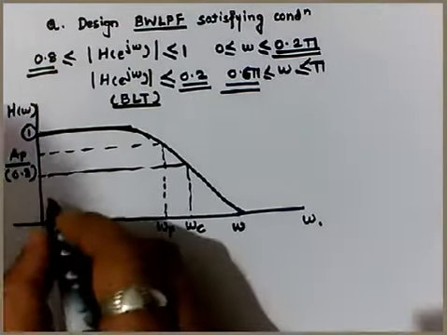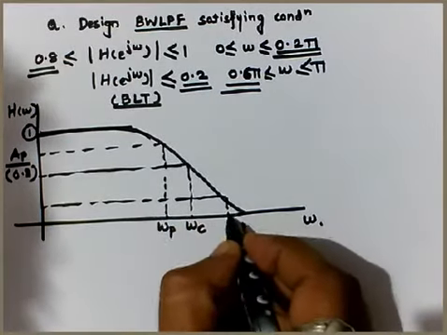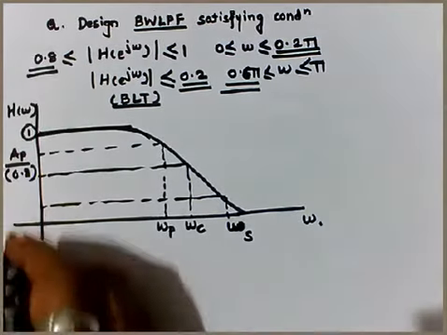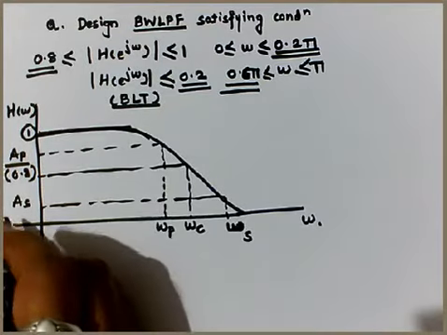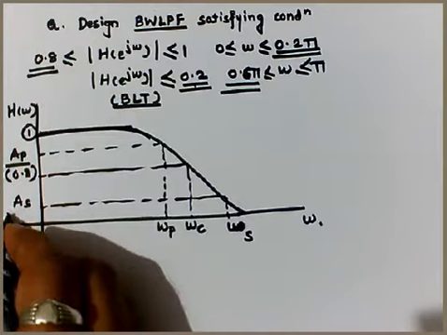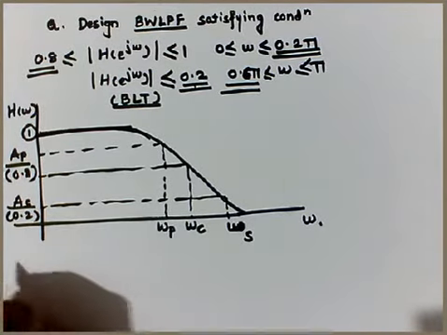At the next point we get omega S, that is the stop band attenuation. For our case it is given by the value 0.2, so this is the stop band attenuation.